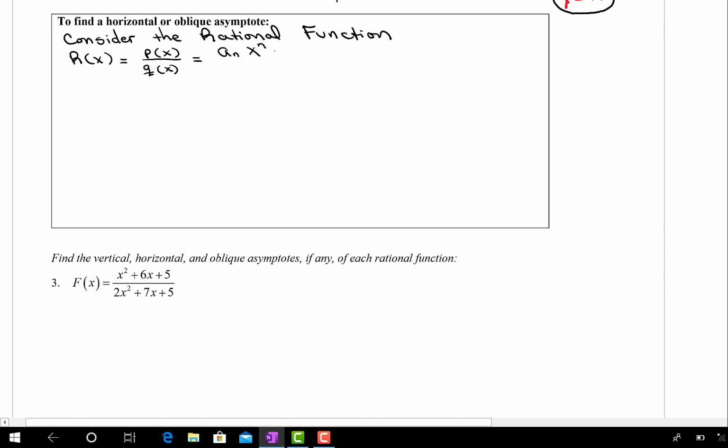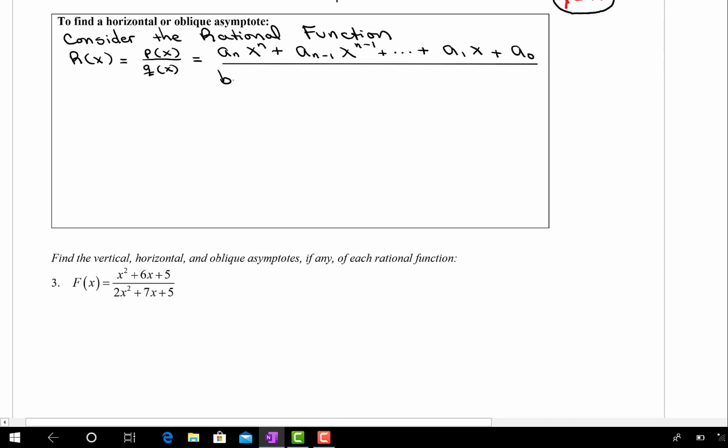What I'm going to write down here is just a general form that we use for writing a polynomial function. So a sub n times x raised to the n plus a sub n minus 1 times x raised to the n minus 1, plus and so on, plus a sub 1 x plus a sub 0. That a sub 0 represents our constant usually at the end there.